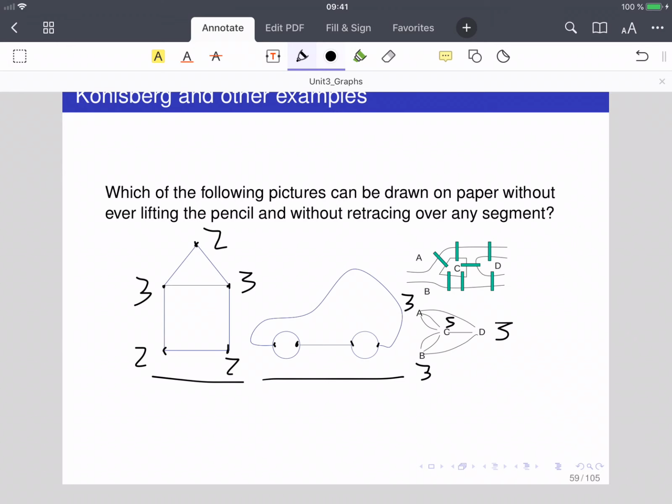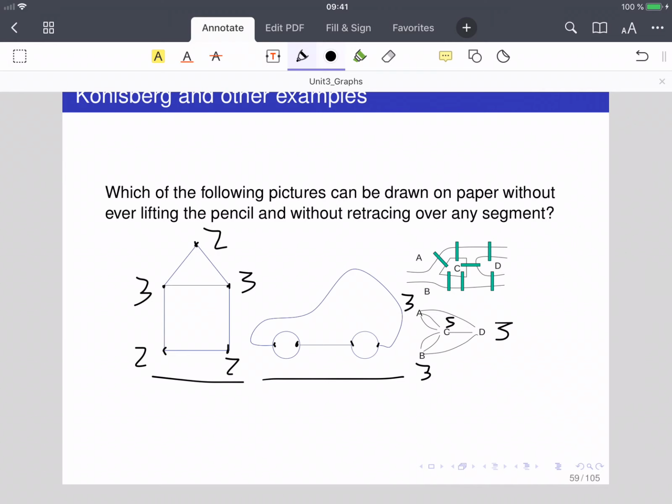Okay, so this is a situation in which we can draw that graph without lifting the pencil from the paper. Okay, and without going through a line more than once.